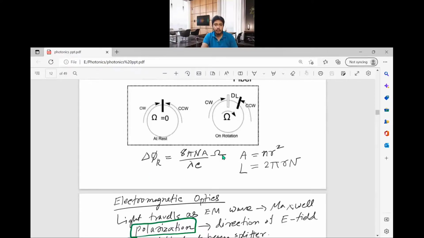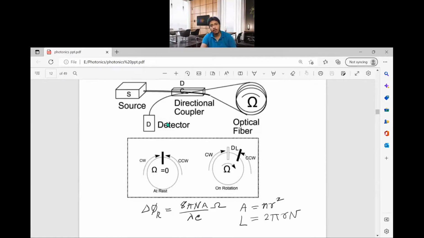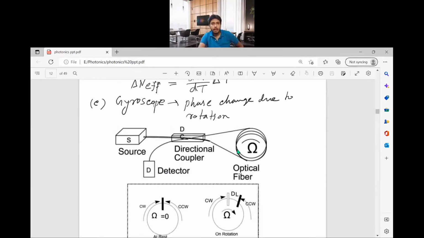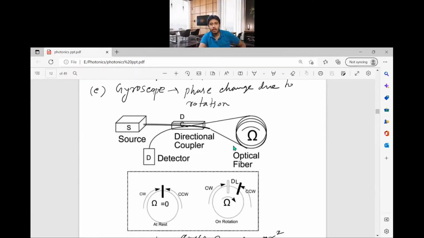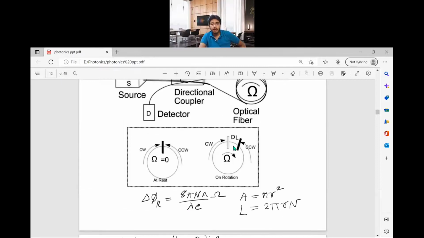This is the phase change, and this is the relation of the phase change with the angular rate, where A is the area, pi r square, r is the radius of the total curvature, and N is the number of turns. So the total length will be 2 pi r into N. So this is used as an optical gyroscope. The Sagnac interferometer can be used as a gyroscope, so you can measure the rotational movement.